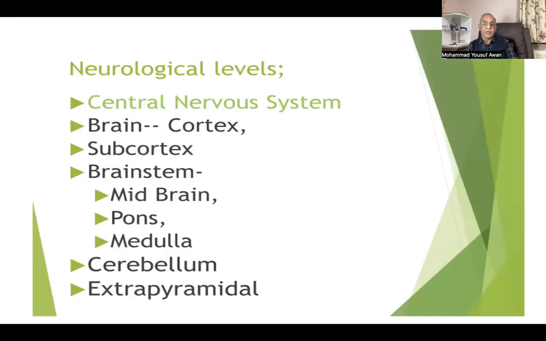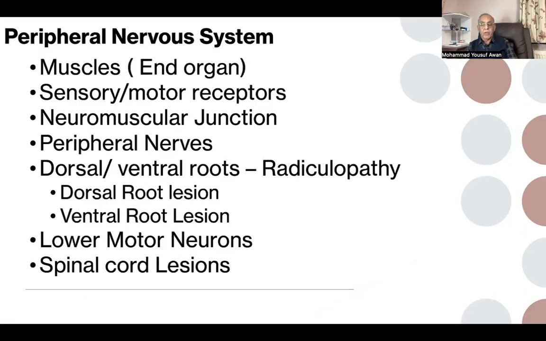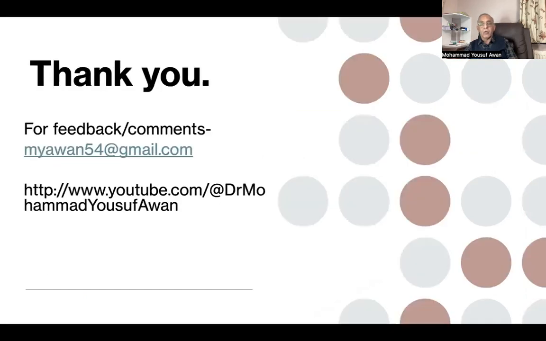So these are the different levels of the nervous system we discussed in all these four lectures. This was all about localizing the lesion, that means where is the lesion. That's the first question you will be asked by your examiner, or when you are encountering a real-life patient with a neurological problem. Think about the clinical examination.